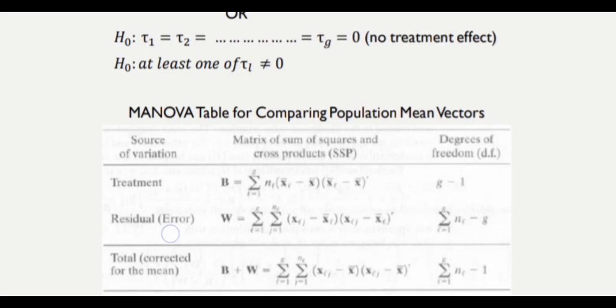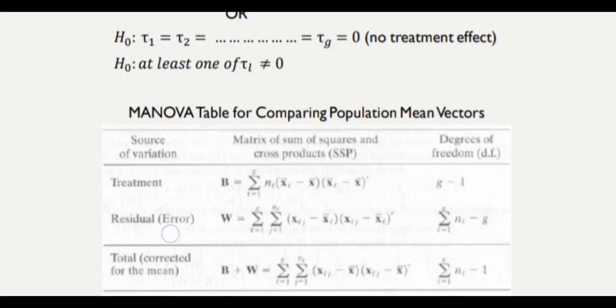Which is summation of nL times X bar L, mean vector for each population, minus dengan X bar. X bar tu adalah mean for overall. Multiply dengan X bar L minus X bar transpose.